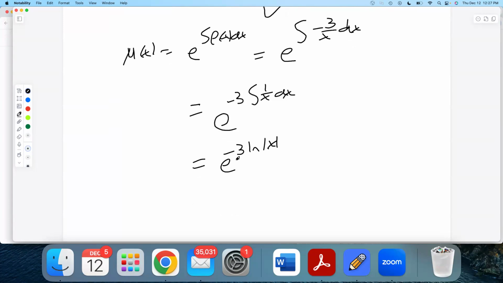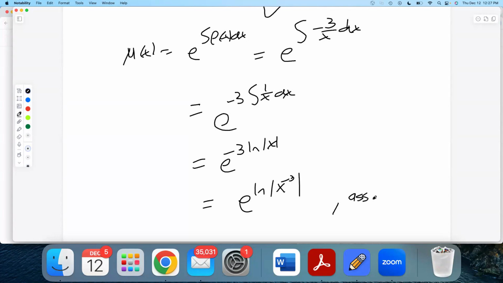Then here's the key. Every single time we get something that looks like this, we're going to bring this exponent inside. We're going to write this as e to the natural log of the absolute value of x to the -3. Now, I don't want to deal with these absolute values, so we're going to take what's called the positive branch.